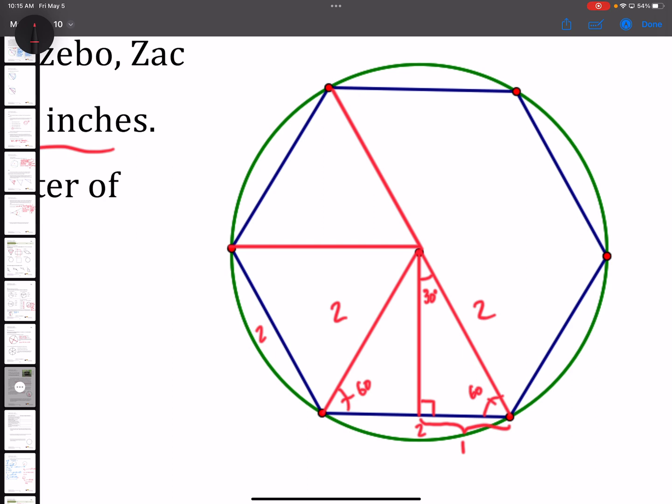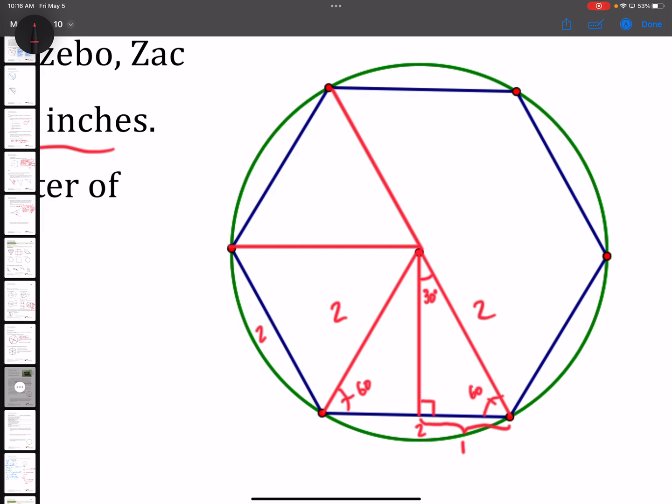2 plus 2 plus 2 plus 2 plus 2 plus 2. What's maybe a simpler way to do that? 2 times 6, because, oh my gosh, multiplication is just repeated addition, right? So if we're doing 2 plus 2 plus 2 plus 2, 6 times, we could just say, let's just do 2 times 6.